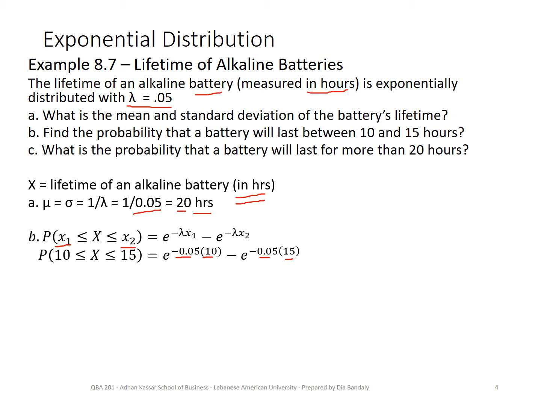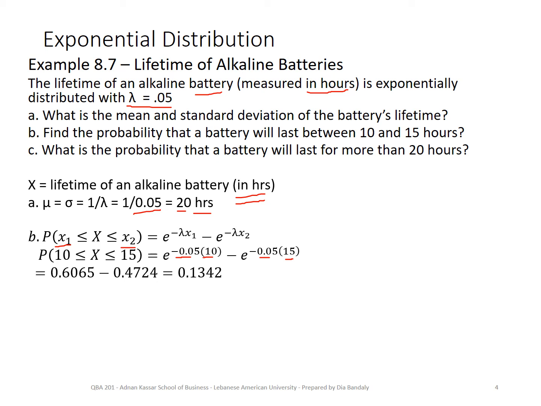All I'm doing is plugging the figures in. Let me give you the answers for each component so that you can practice it on your own and verify your answers. The first one is 0.6065, the second one is 0.4724, and then the probability will be 13.42%.